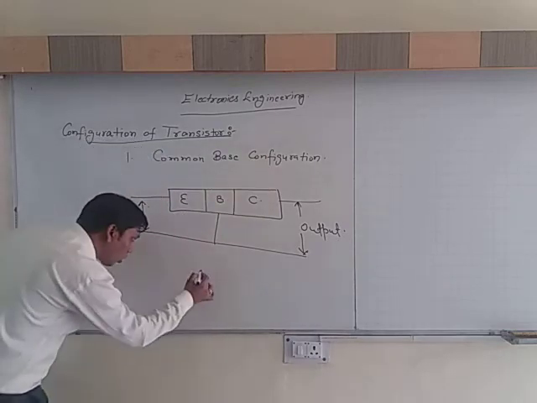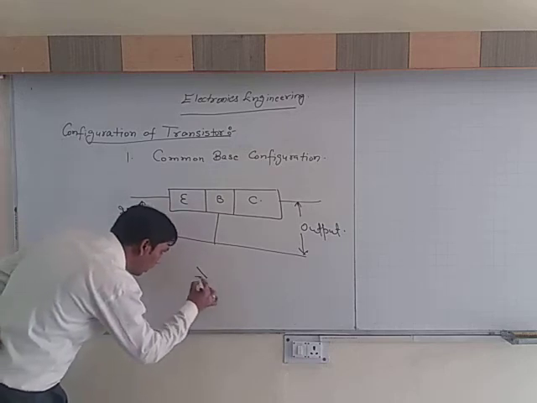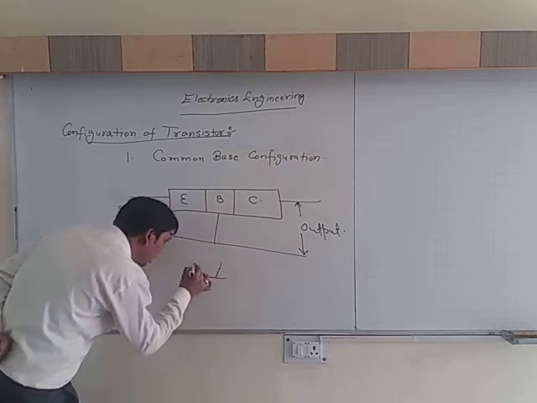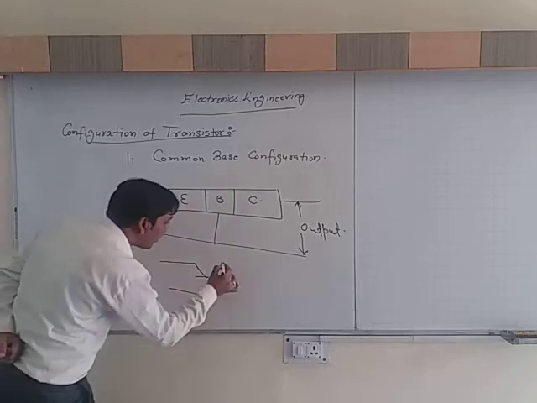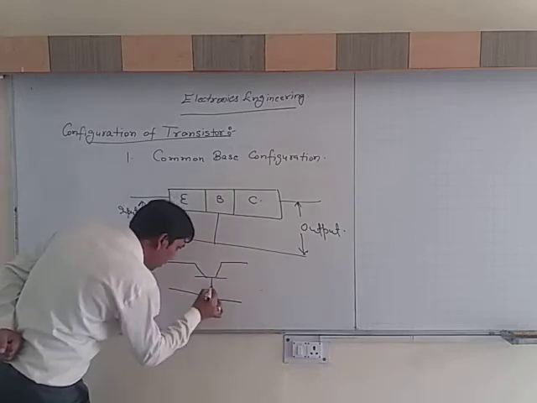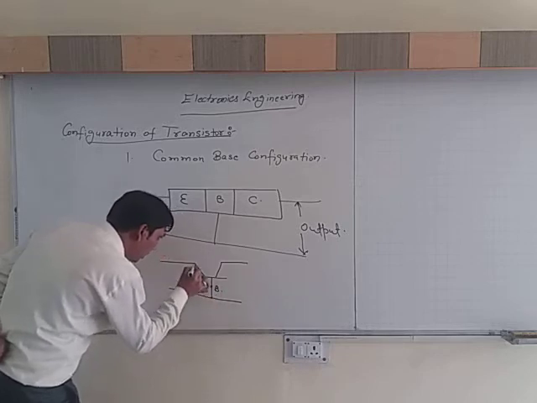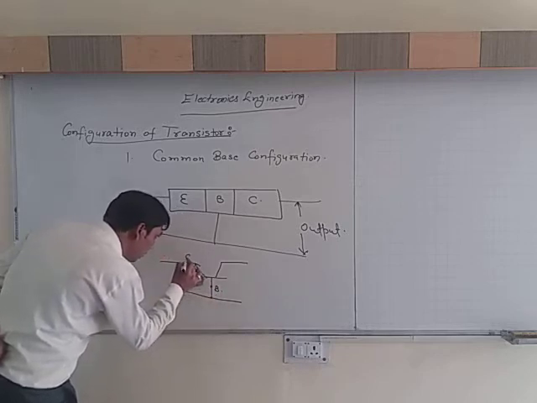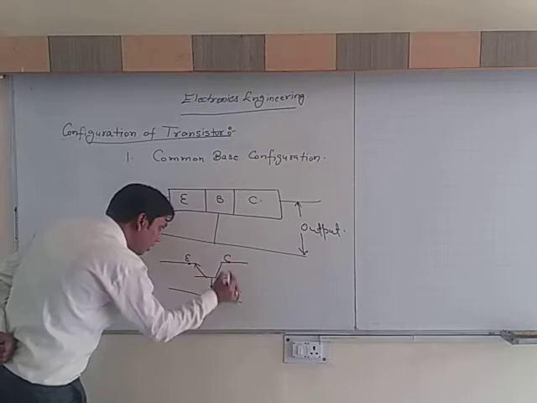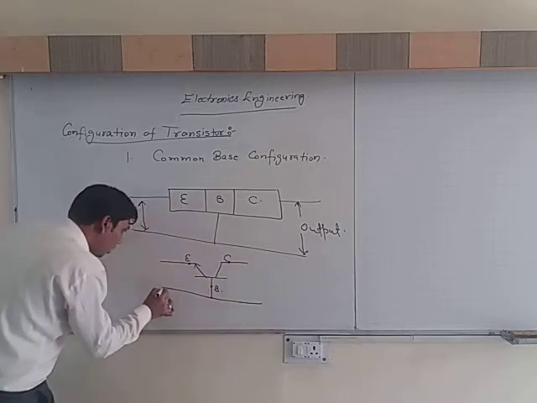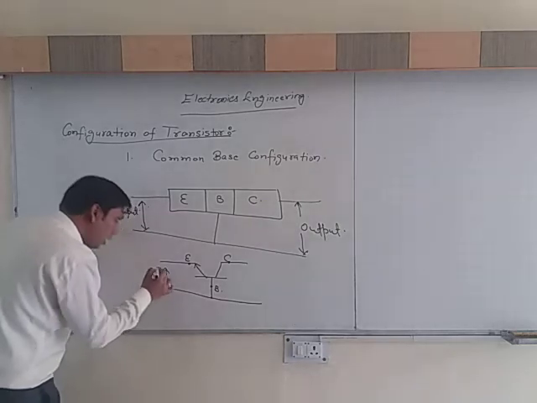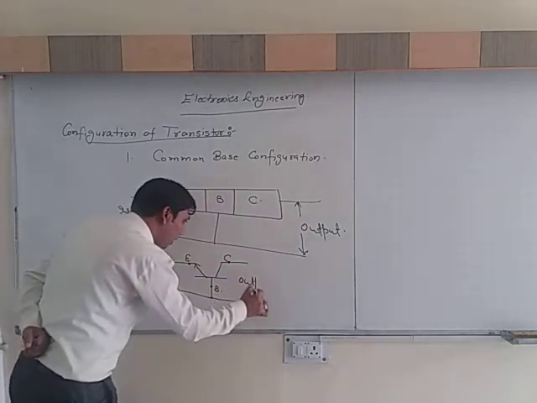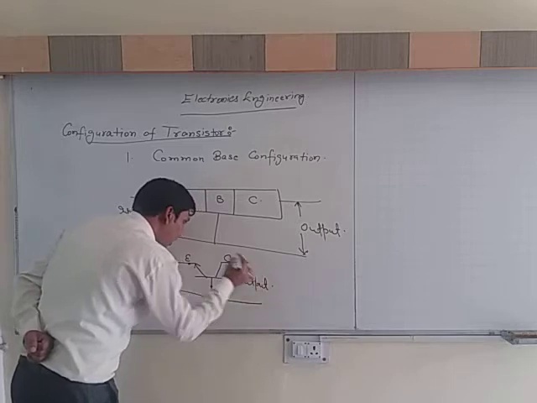If we just draw the transistor circuit, then it will be like this. It is our base, it is just emitter terminal, and it is collector terminal. So the input will be given here and output will be taken from here.